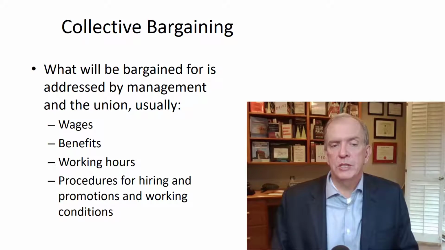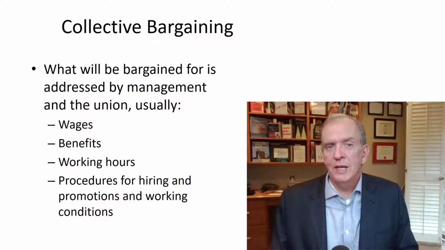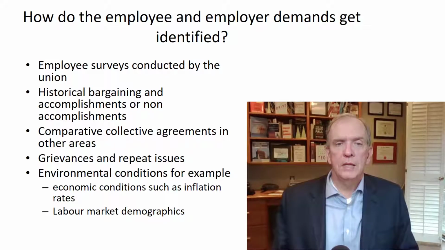If it's maybe a recession, maybe you might agree to a shorter work week, less hours. Instead of getting a raise, there could be different things that could be negotiated. Procedures for hiring, promotions, who's eligible, usually based on seniority. All of these things might be what the employee members are asked if they're interested in.